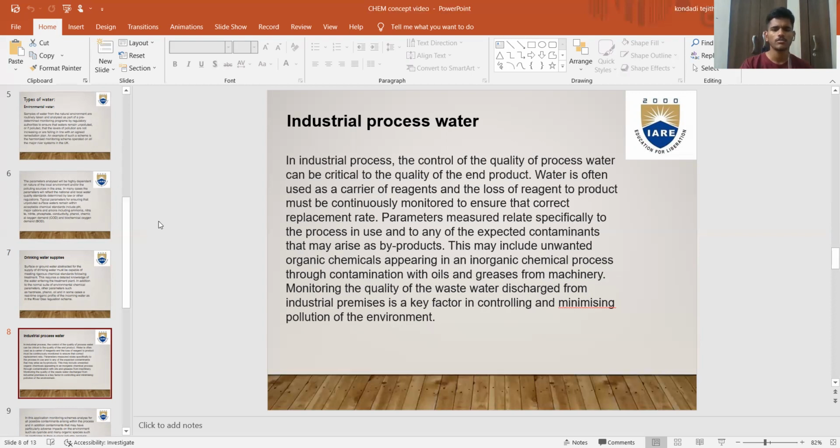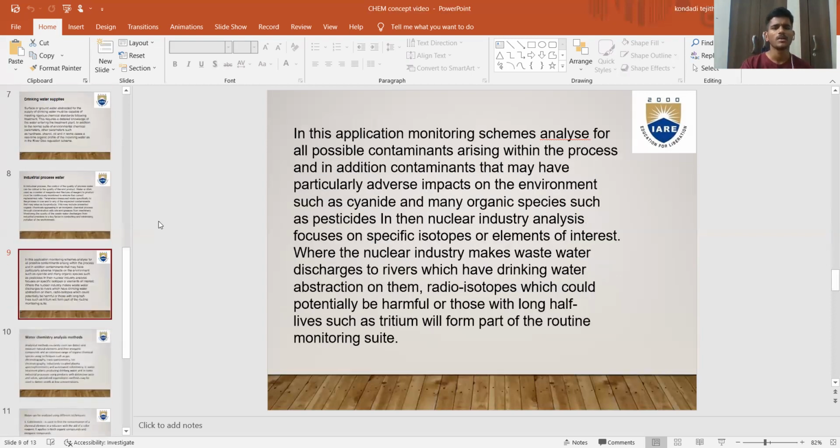Monitoring the quality of wastewater discharged from industrial premises is a key factor in controlling and minimizing pollution of the environment. In this application, monitoring schemes analyze for all possible contaminants arising within the process and, in addition, contaminants that may have a particularly adverse impact on the environment, such as cyanide and many organic species such as pesticides.